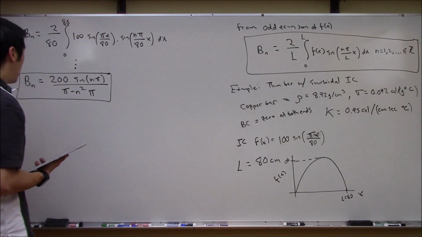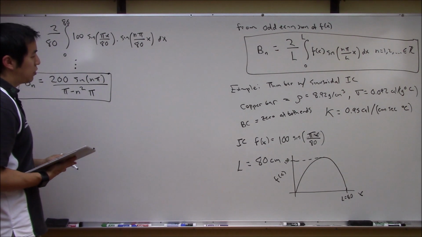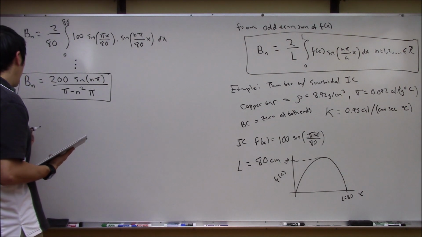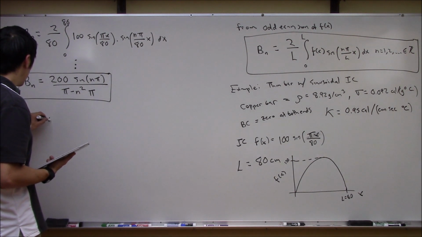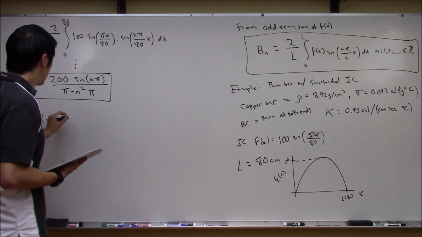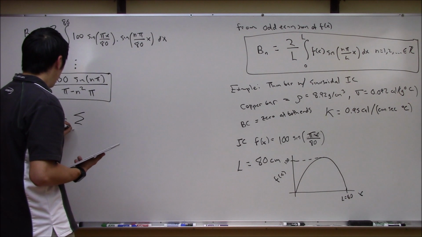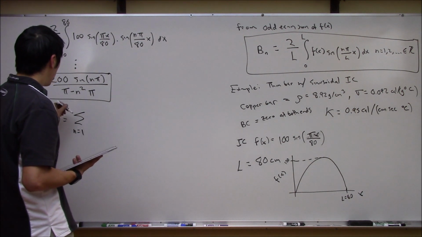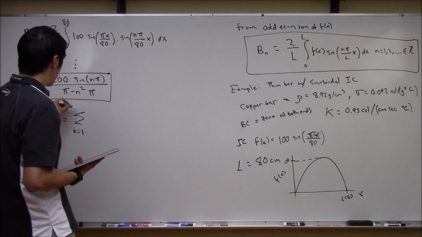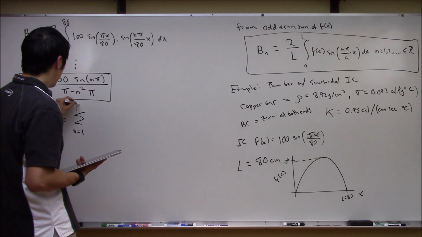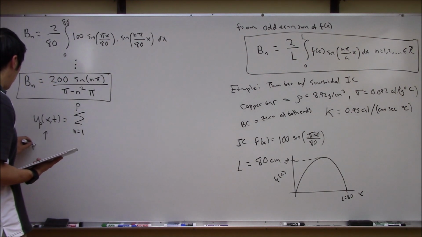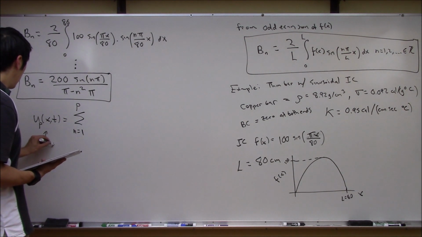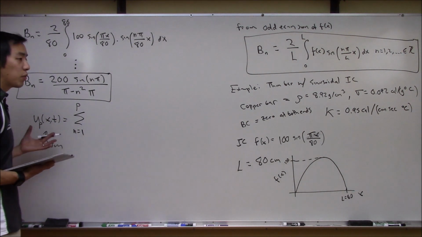Now what you might be tempted to do is say, all right, since I now know these Bn's, I can get my total solution as just summing up n equals 1 to, I don't know, maybe let's call it p, terms, and maybe we should call this Up. So this is a partial sum. This is what we did with the 1D wave equation.